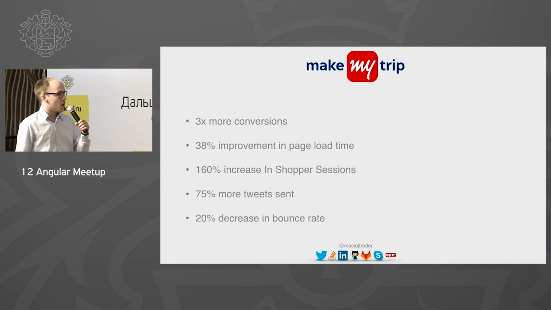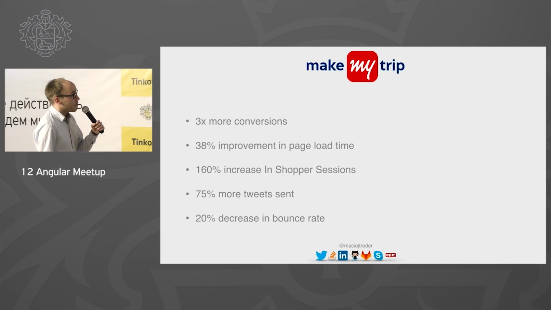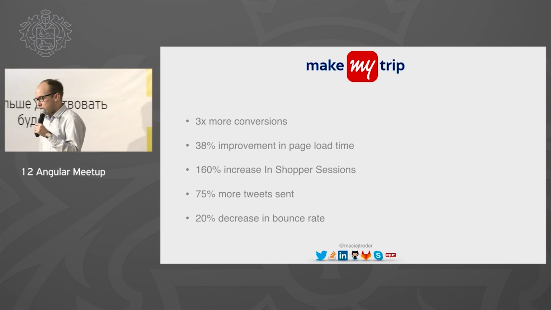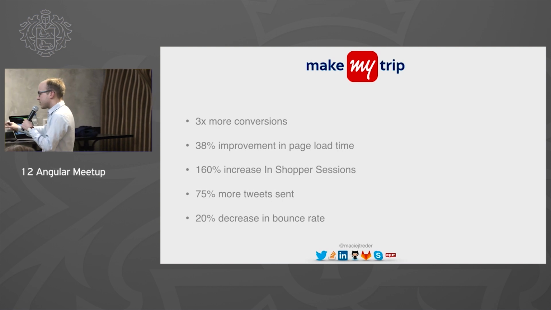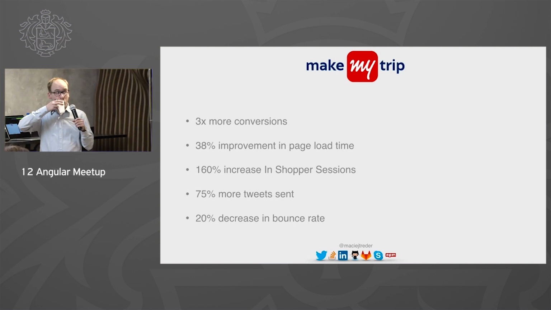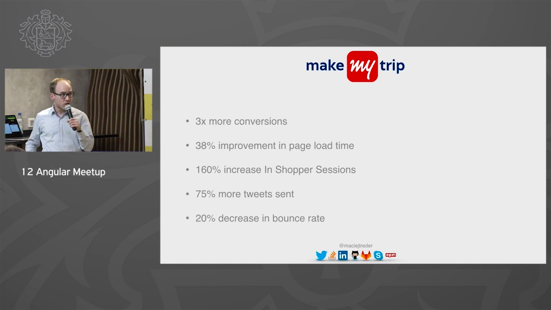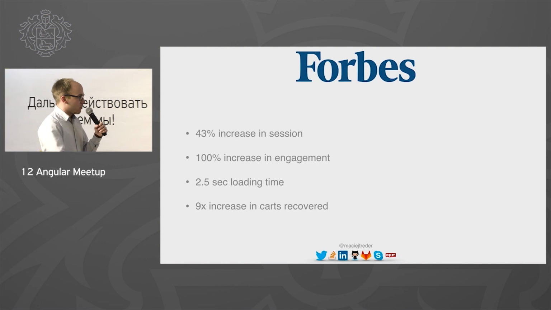Some use cases from companies which decided to move to PWA. This company is Make My Trip. As far as I know, they are booking trips for their customers. Another example which I prepared is Forbes.